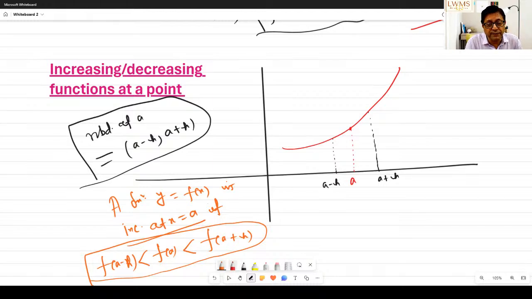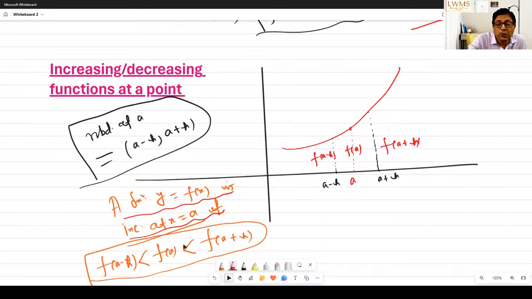A function y equal to f(x) is increasing at x equal to A if f(A minus h) is this portion, f(A) is this portion, and this is f(A plus h). If this is less than this, then it will be monotonically increasing.